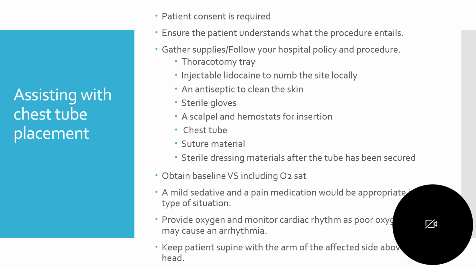If you find that even after the physician told them that they were going to have a chest tube, they still don't understand, you need to let the physician know so that the physician can do further explaining. So the patient is knowledgeable about the procedure and has consented, and then you need to gather some supplies.